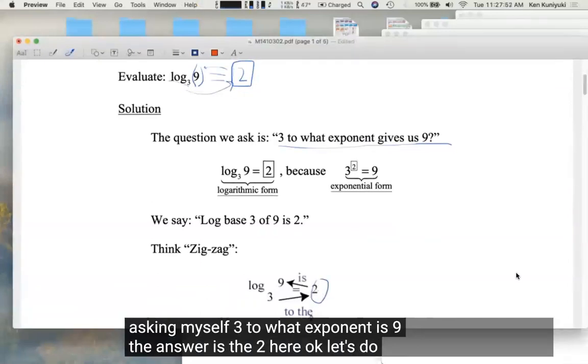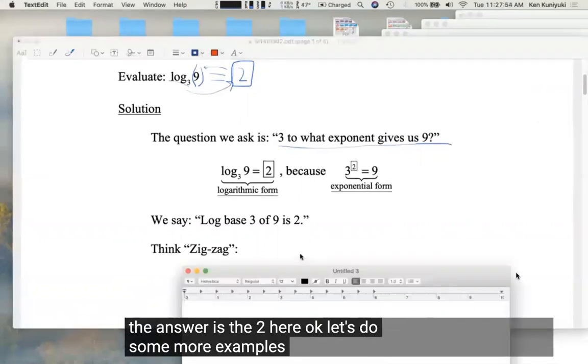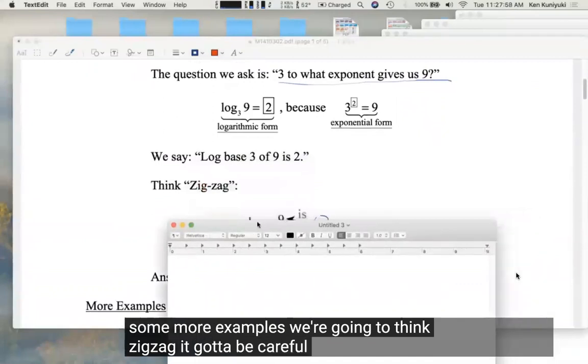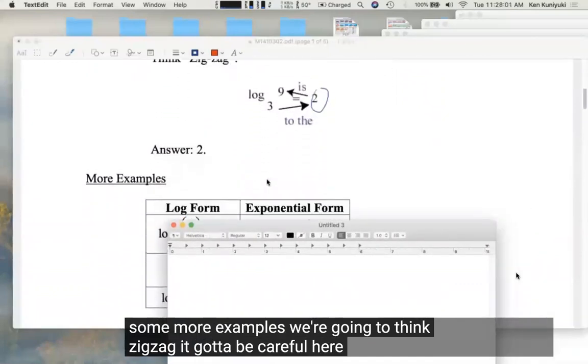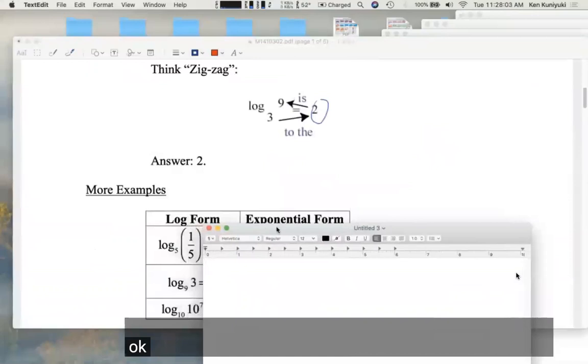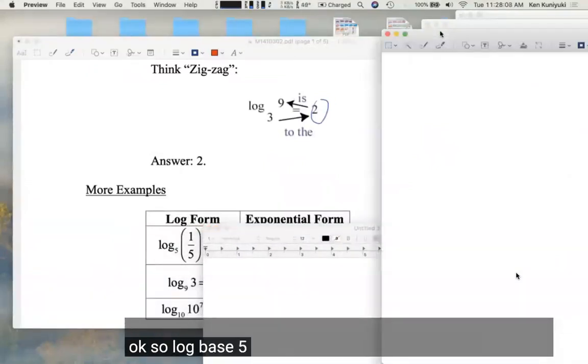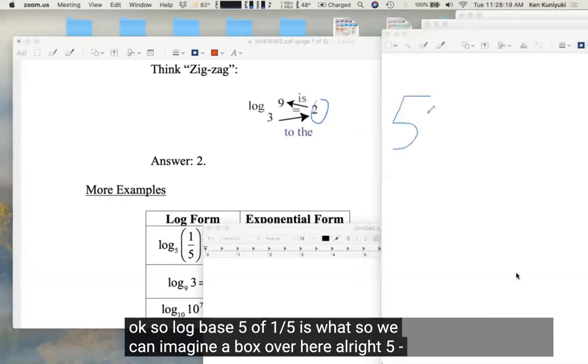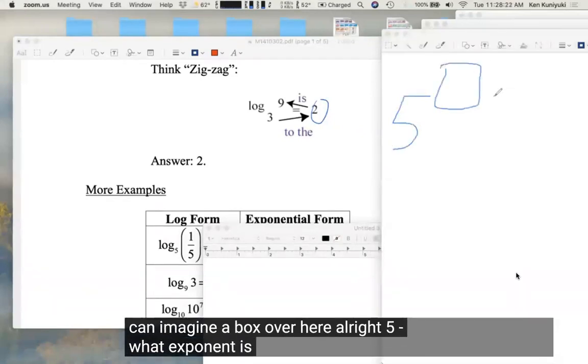Okay, let's do some more examples. We're going to think zigzag. Okay, got to be careful here. Log base 5 of 1/5 is what? So we can imagine a box over here. 5 to what exponent is 1/5?